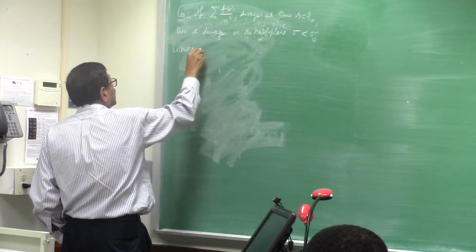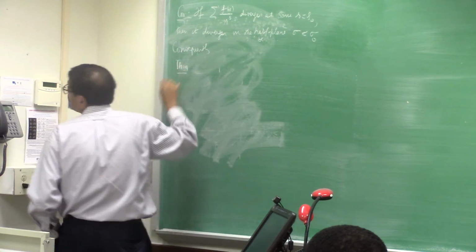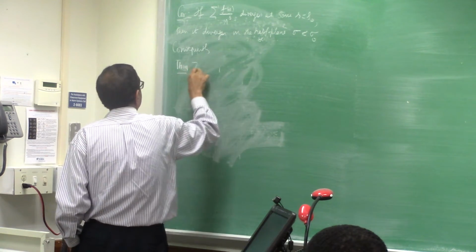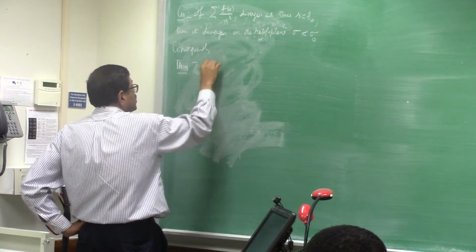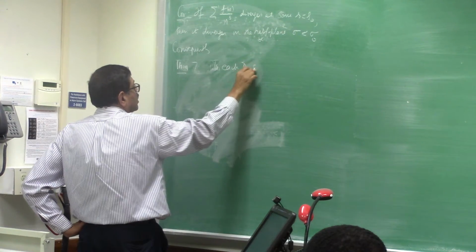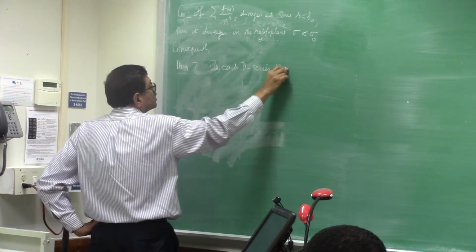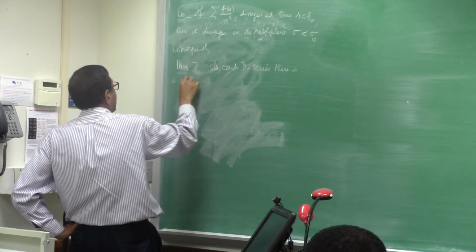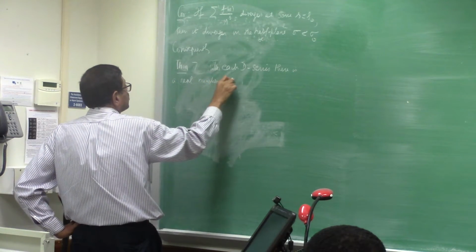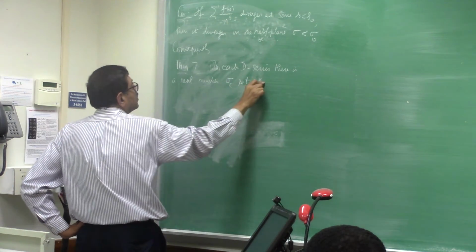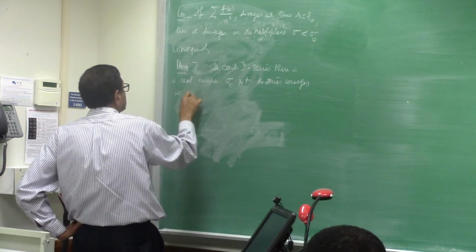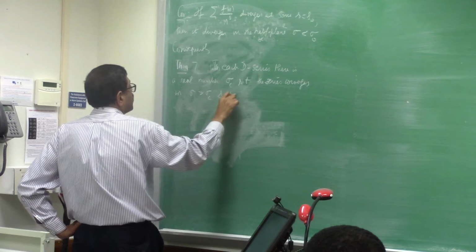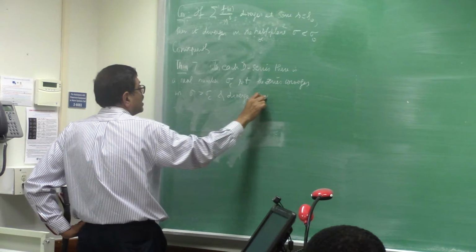So the consequence is theorem 7. For each Dirichlet series, there is a real number sigma c such that the series converges in sigma greater than sigma c, and diverges in sigma less than sigma c.